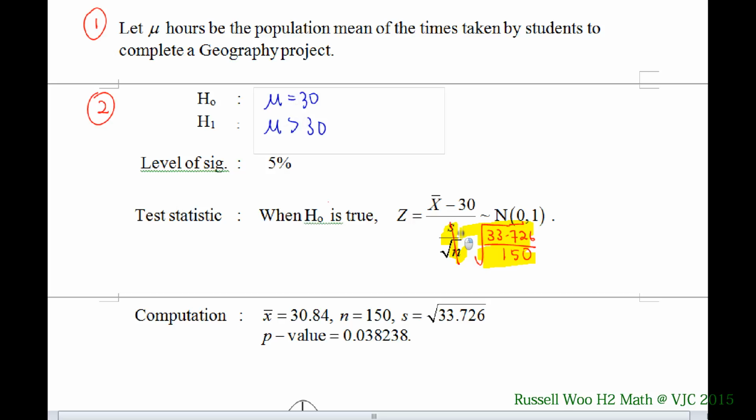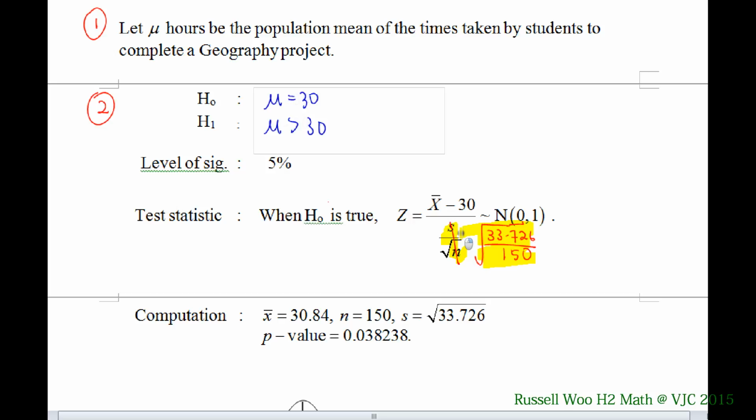But because n is large, n is 150, s squared is a very good estimate for the population variance, correct? Then we get this. We use s instead of sigma because we actually don't know sigma. Remember we calculated s earlier? That is the unbiased estimate for the population variance. So we use that. s over root n.